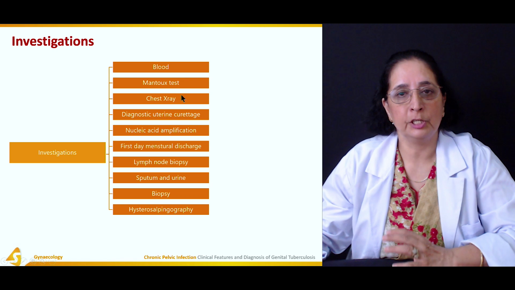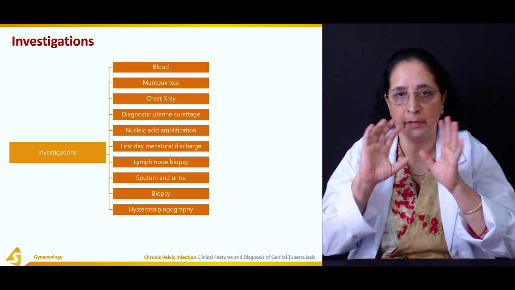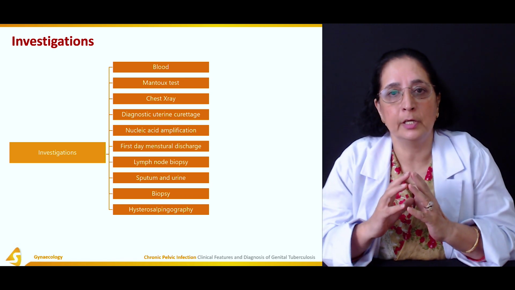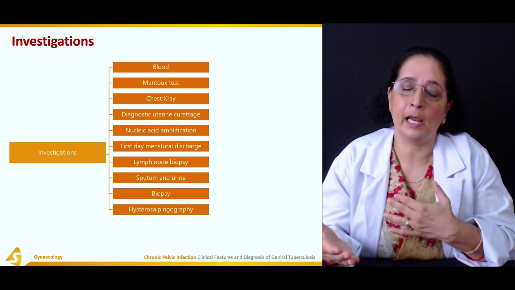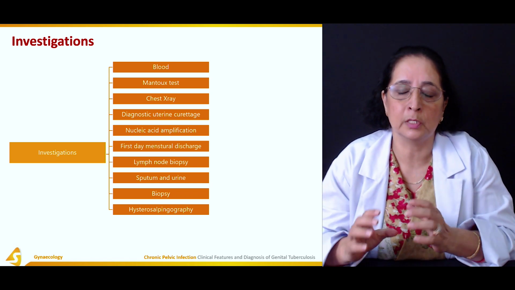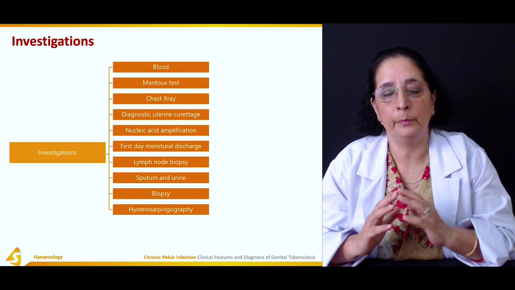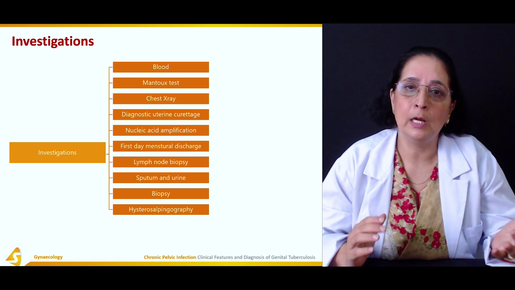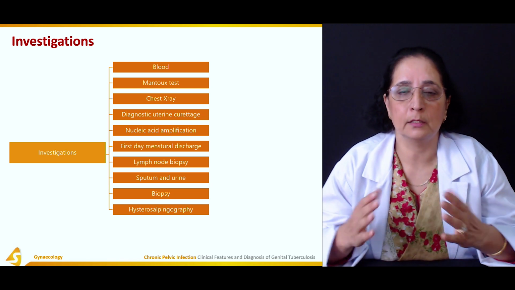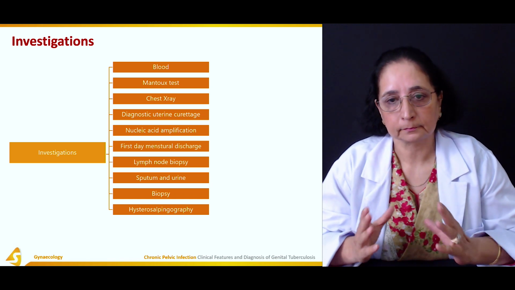And usually the picture of tuberculosis is very clear on the chest X-ray. Even if the patient has a past history of tuberculosis, a chest X-ray is sometimes very helpful because it shows old lesions and old scars.